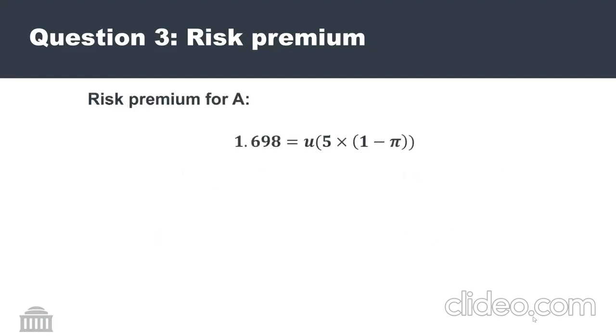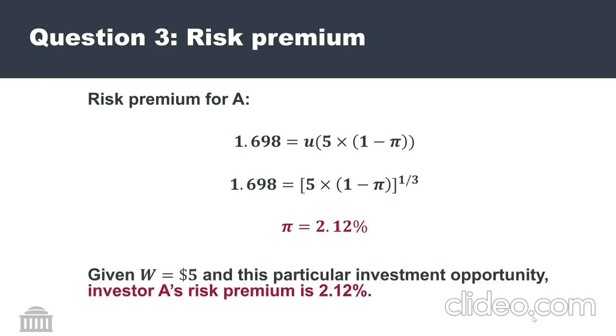And now we can compute the risk premium by solving the following equation. So recall that the utility function of this investor is cube root. And the wealth right now is $5. Solving this equation for pi gives us 2.12%. This is exactly the same 2.12% as we had before.